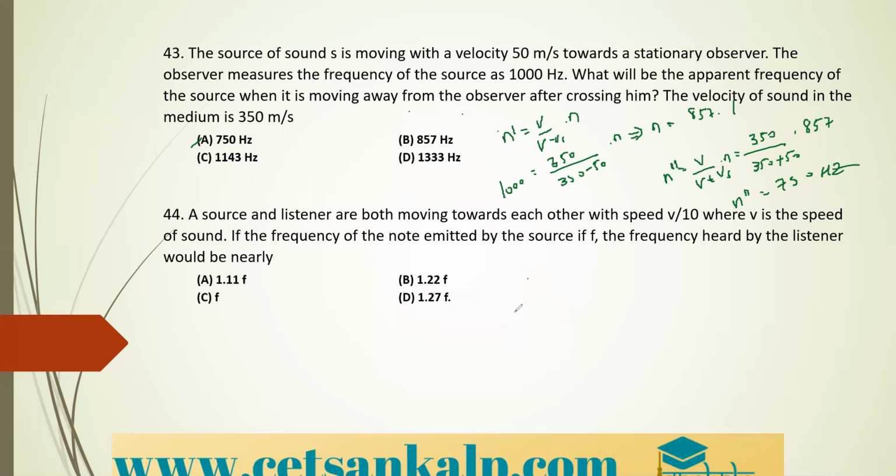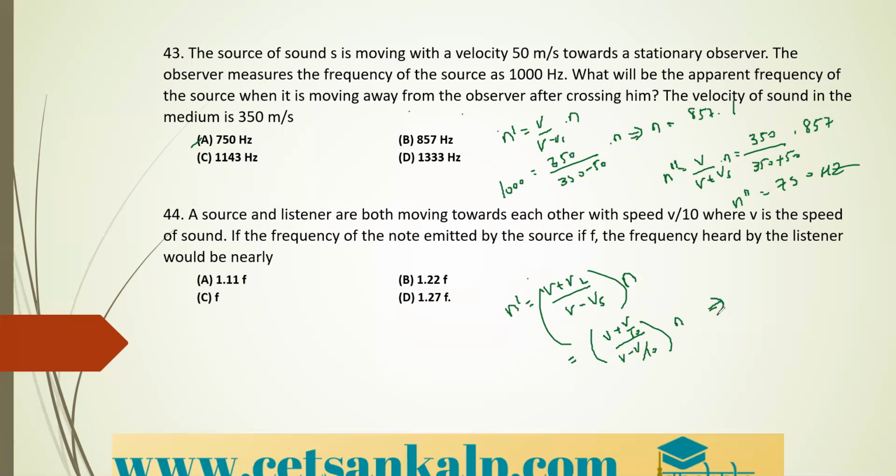Therefore, the formula is n dash equals (V plus VL) divided by (V minus Vs) into n.